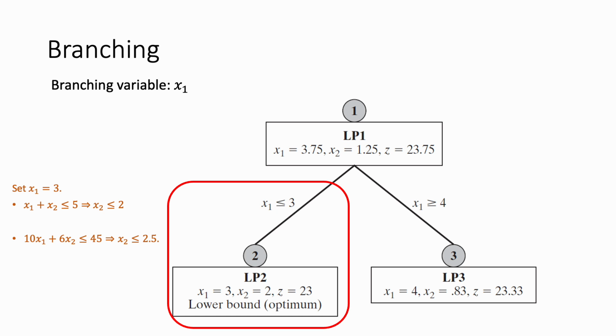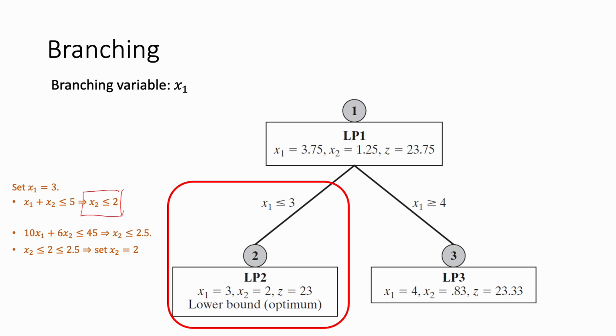From the second constraint, which was 10x sub 1 plus x sub 2 less than or equal to 45, we get x sub 2 less than or equal to 2.5 when we substitute x sub 1 equals 3. So from the two restrictions on x sub 2, x sub 2 less than or equal to 2 and x sub 2 less than or equal to 2.5, it is safe to take x sub 2 equals 2.